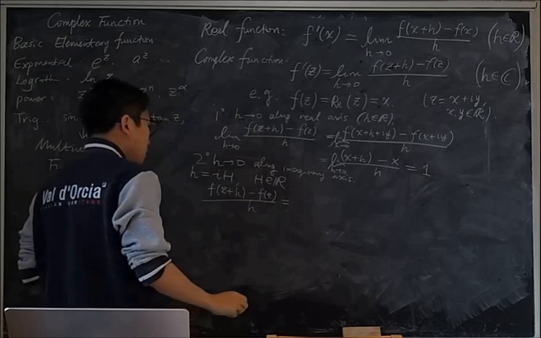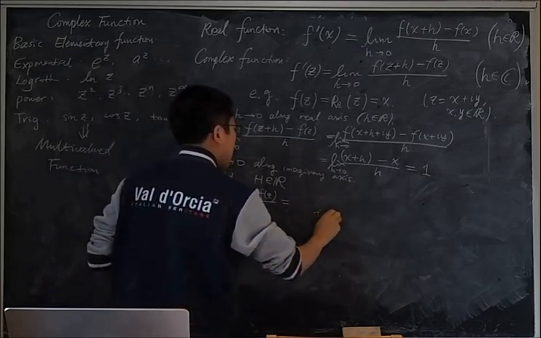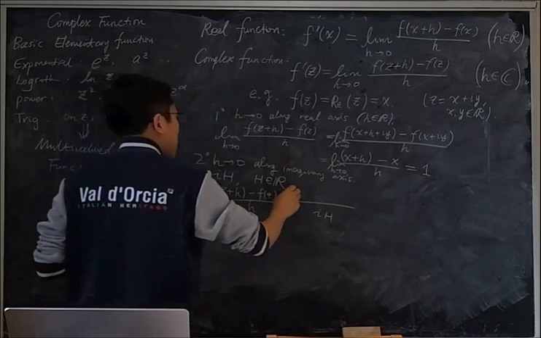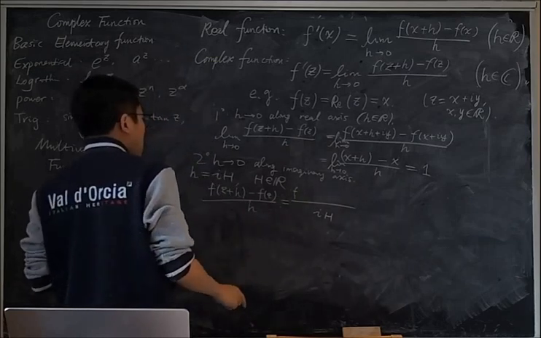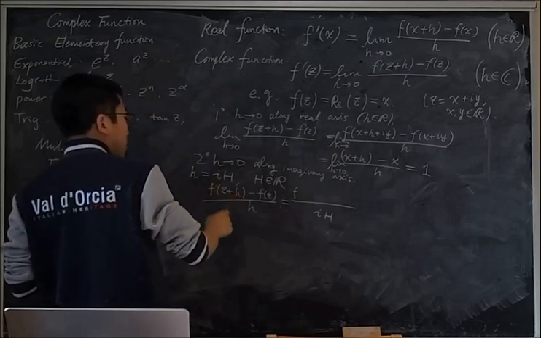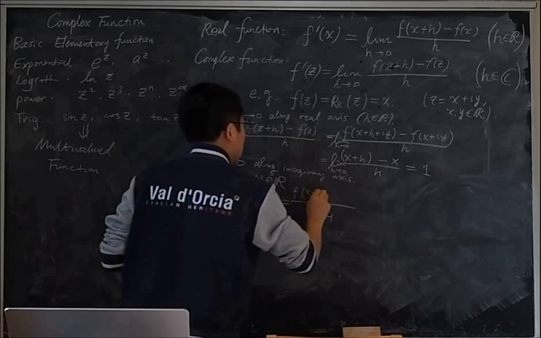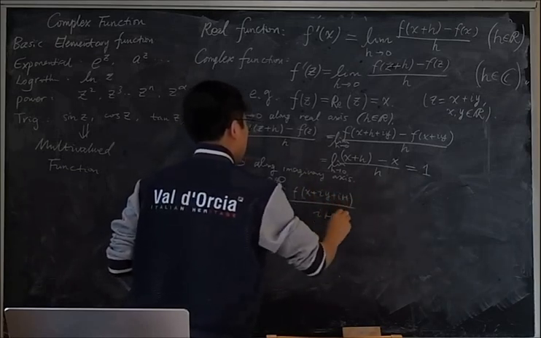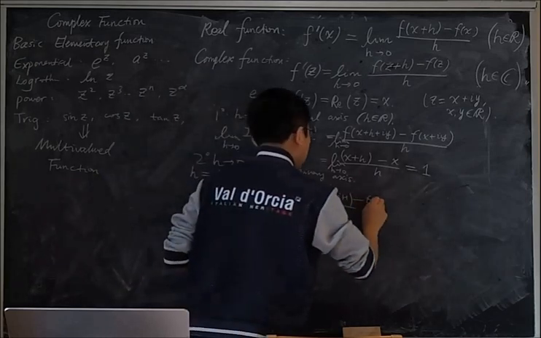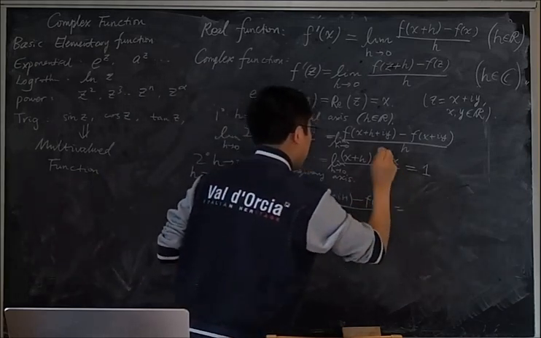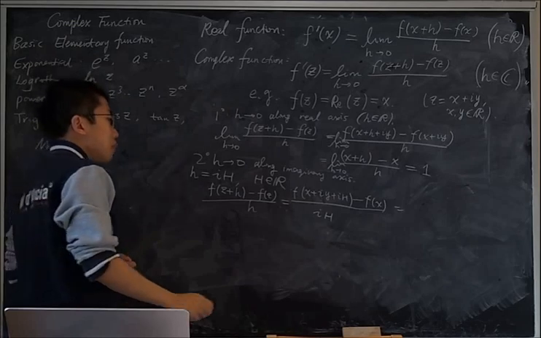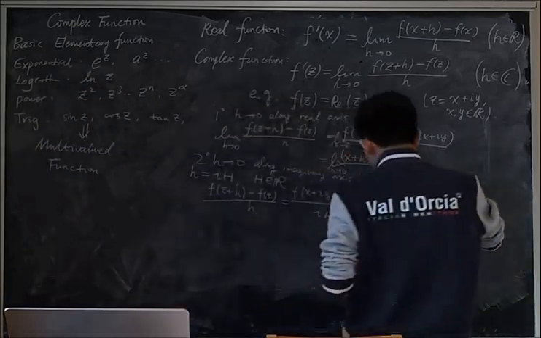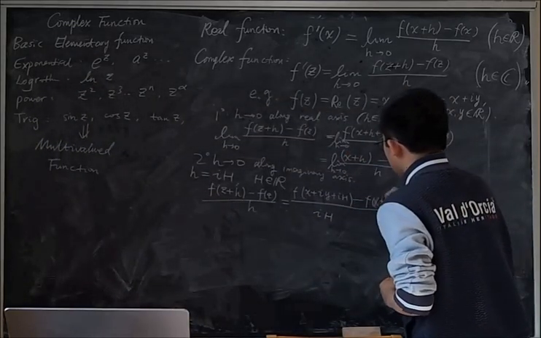Here z is x plus iy, and h is i times big H. So that's f(x plus i(y plus H)) minus f(z). Remember that we are only taking the real part for this function.